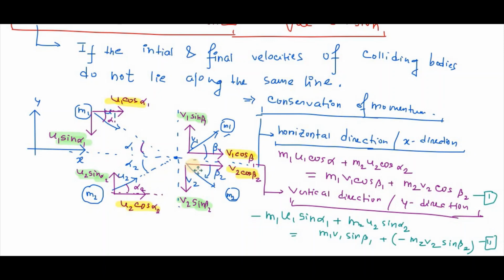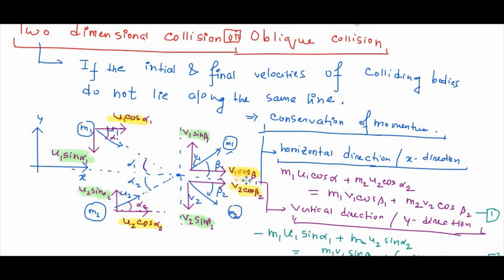Since kinetic energy is a scalar quantity, we don't have any directions, so whatever equations we applied for kinetic energy in one-dimensional collision, the same equations we can apply in two-dimensional collision also. But if it is an inelastic collision, then we cannot apply the conservation of kinetic energy. So this is the overall view of two-dimensional or oblique collision.